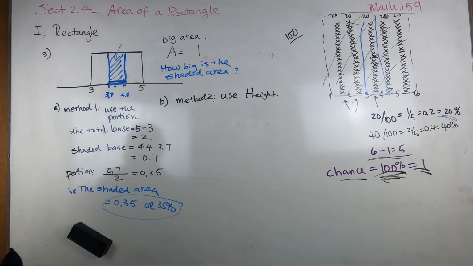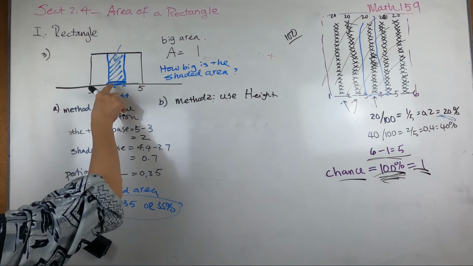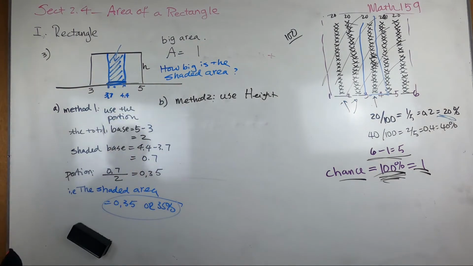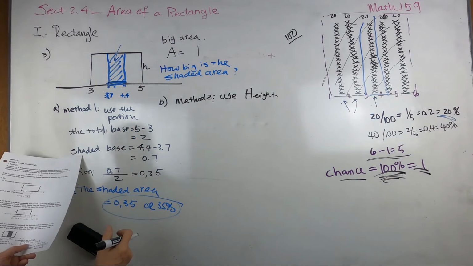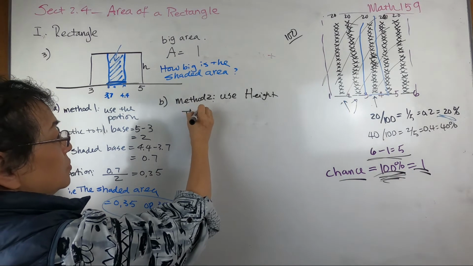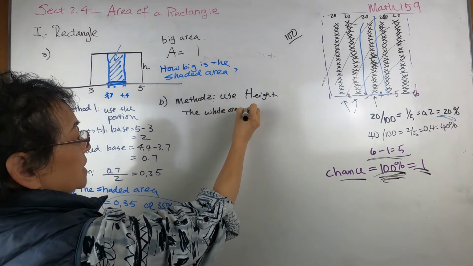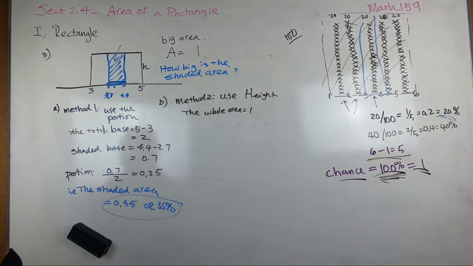If we use the height, you know, if you want to find the shaded area, all you have to do is just base times height, right? But we have to find the height first. Then what is the height, right? We know the whole area is 1, right?